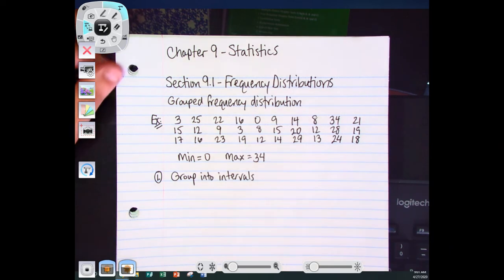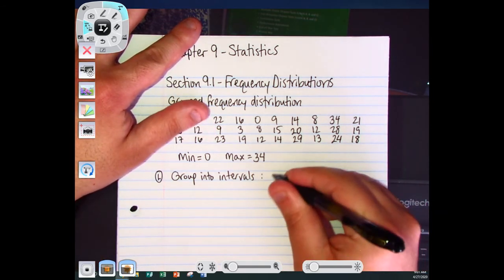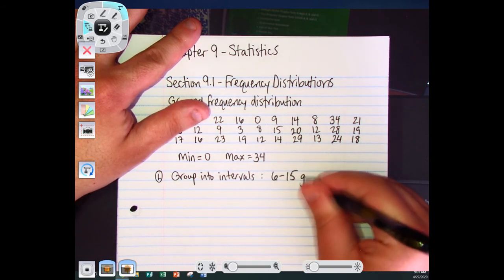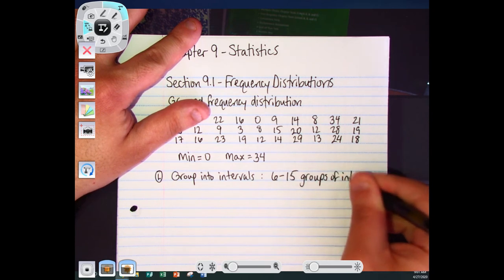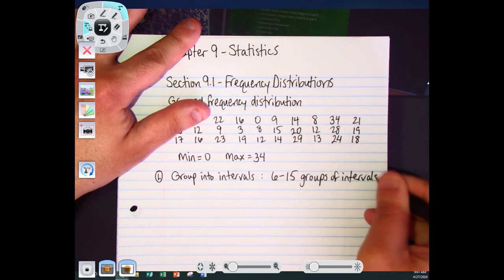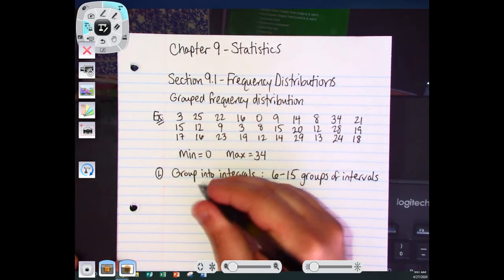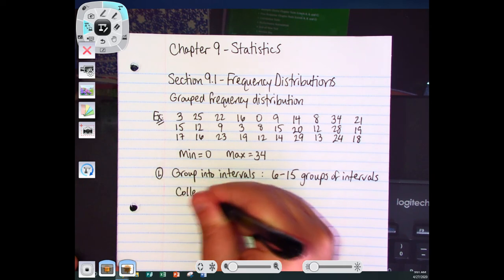You want to make them a convenient size. You don't want to make them too small, and you don't want to make them too large. When you group into intervals, the rule of thumb is you want to have between 6 and 15 groups of intervals. So when I make my table, we have our college credits.